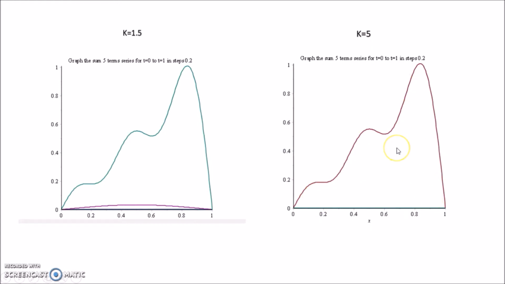So I can sum up here that if k is bigger, the graph line decreases. And I can conclude here that k is the diffusivity of the metal bar. So when k is bigger, the line is narrow and decreases.